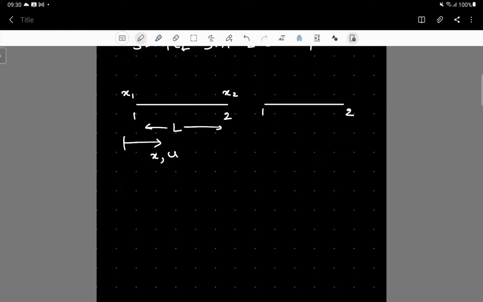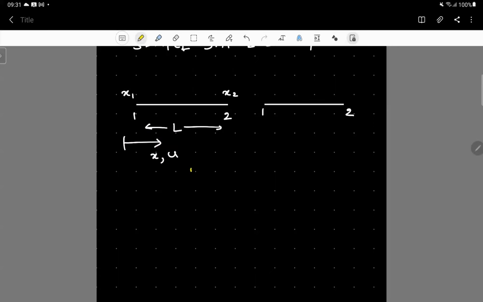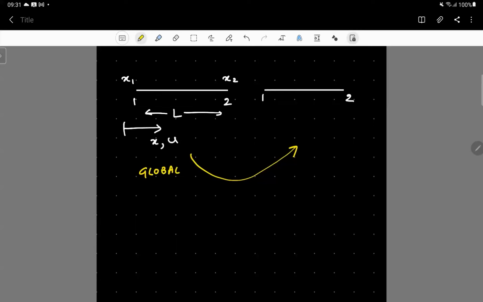Now what we do is a transformation. We move from the global coordinate system to a new coordinate system, the natural coordinate system. Let's say from global to natural.